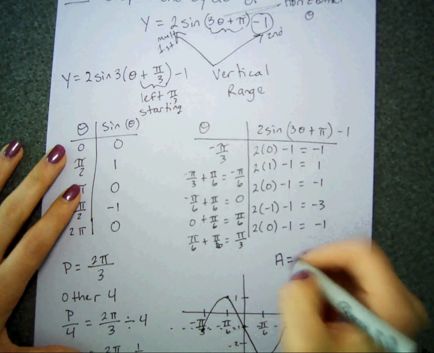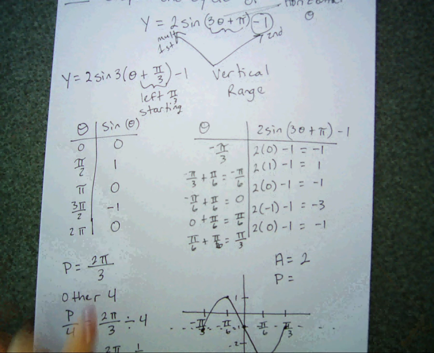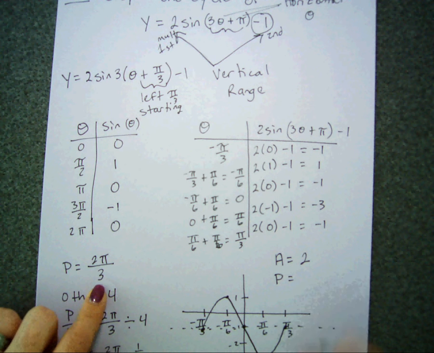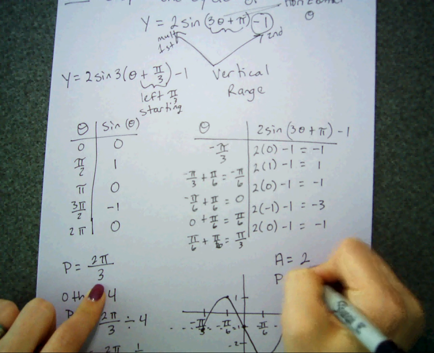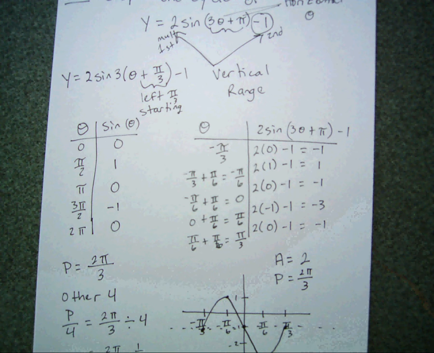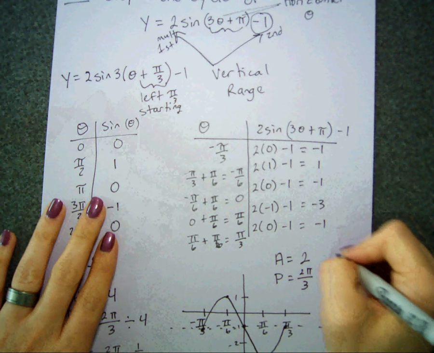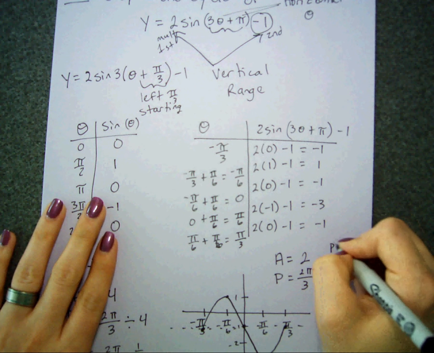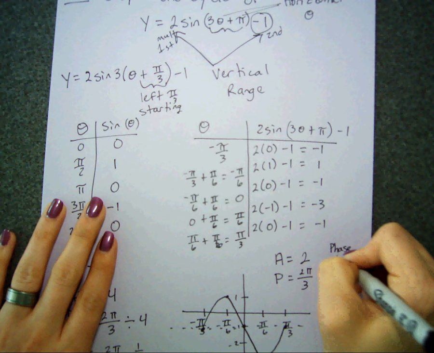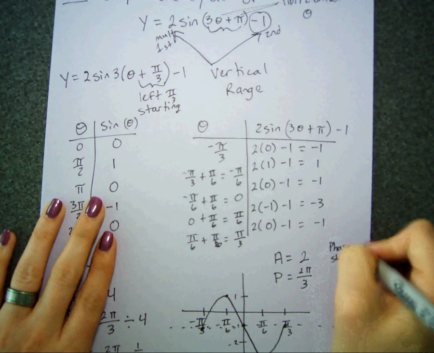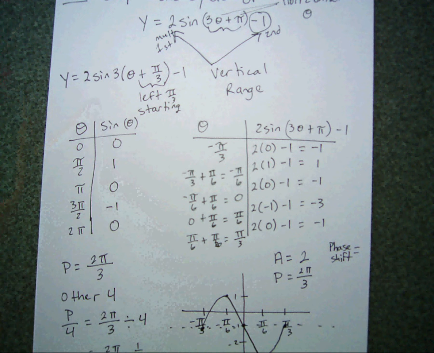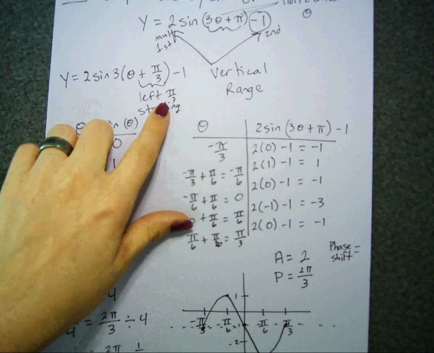The period, we already computed. It was 2 pi over 3. My horizontal shift, or my phase shift, we said was what? Where are we going? Left pi over 3.